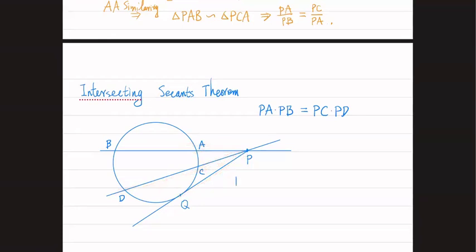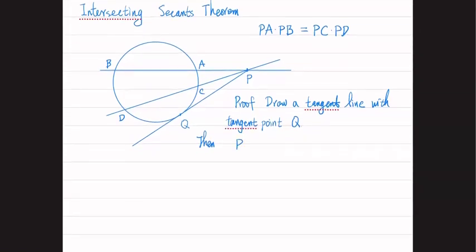So by the previous theorem, tangent-secant theorem. Again, tangent-secant theorem.